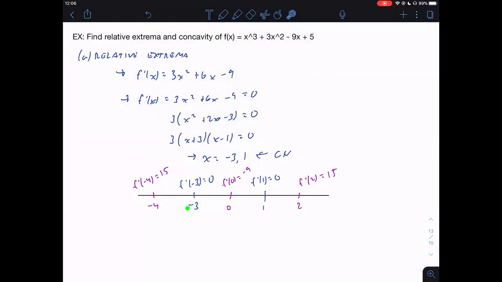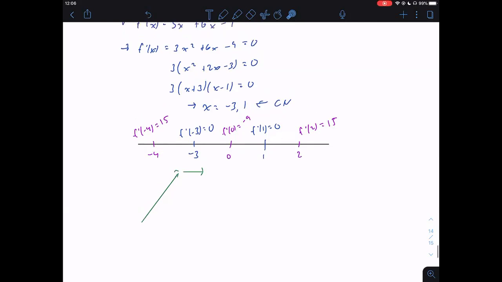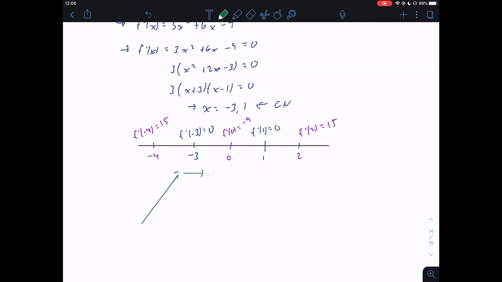it seems that before this critical value at -3, since our slope was positive, that means our function was increasing. It was going upwards, and then it reaches that critical point at -3, where it zeroes out. And then after -3, since this test point is negative, that means our function was coming down.